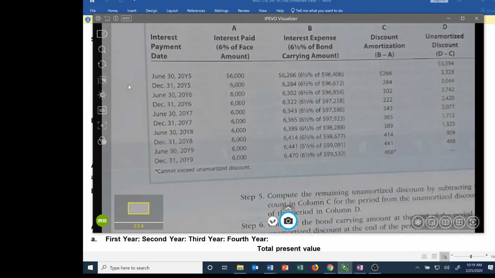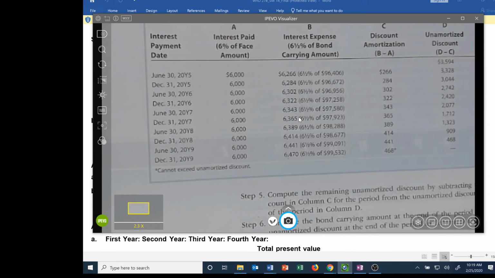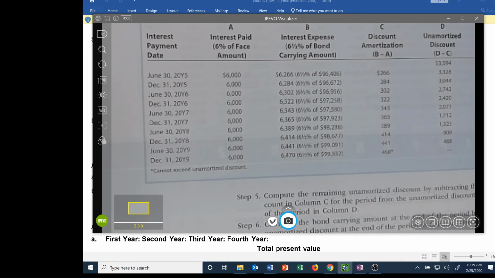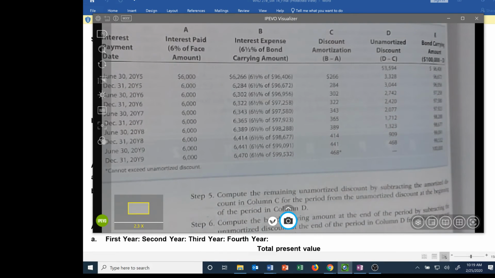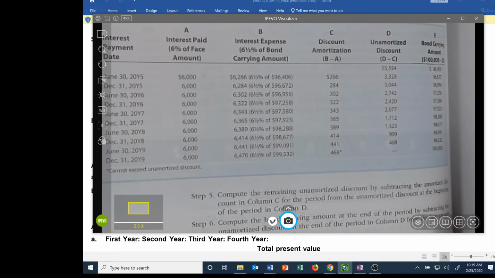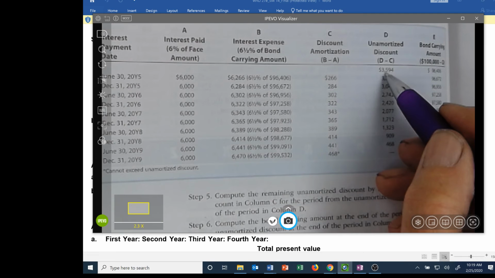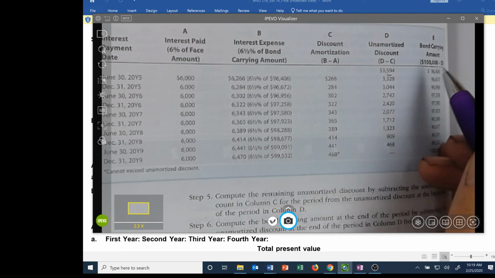Your first column is interest payment date. I had just put 0, 1, 2, 3, 4, 5, didn't I? And on line 0, you have nothing across here until you get over to right here. Right here, you got the discount to begin with, and you got the bond carrying amount to begin with.